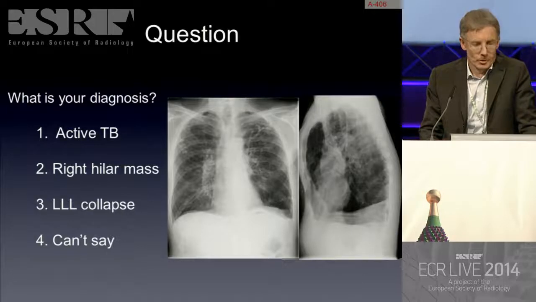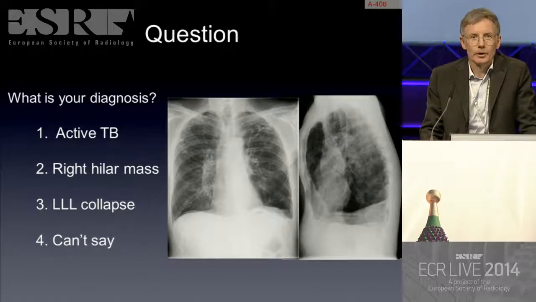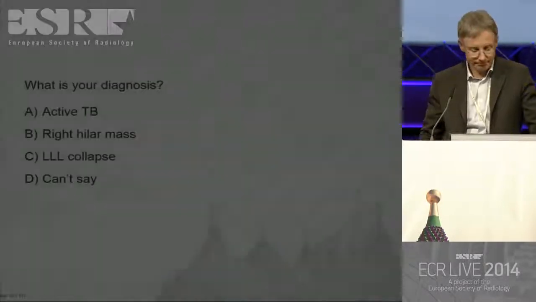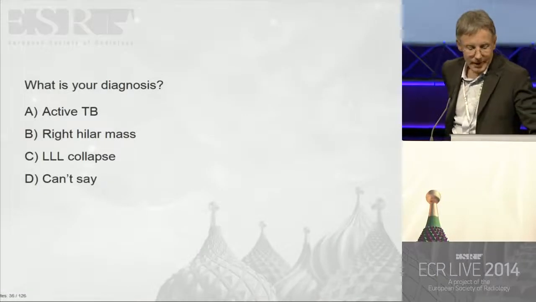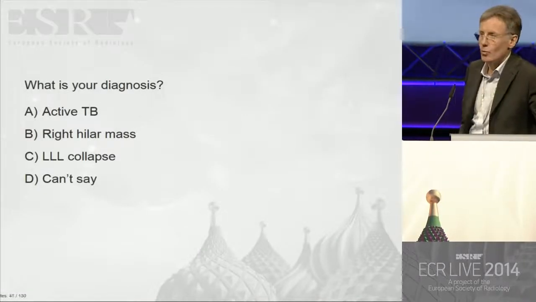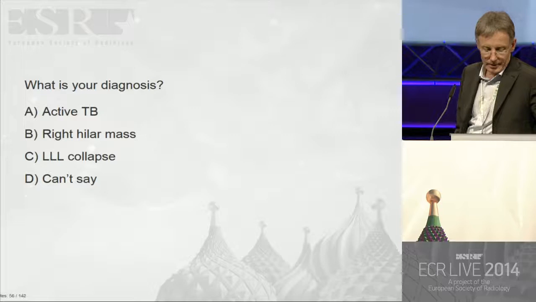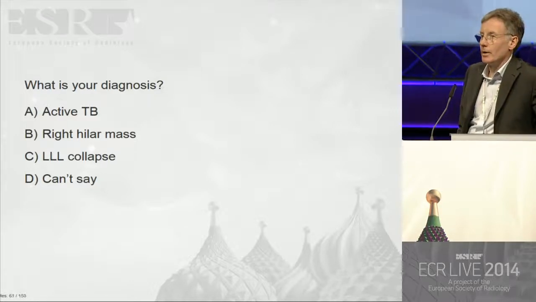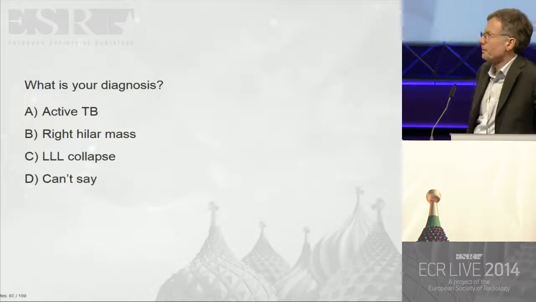What is your diagnosis? Active tuberculosis, a right hilar mass, left lower lobe collapse, or can't say? And I think you definitely can't say. So please vote now.